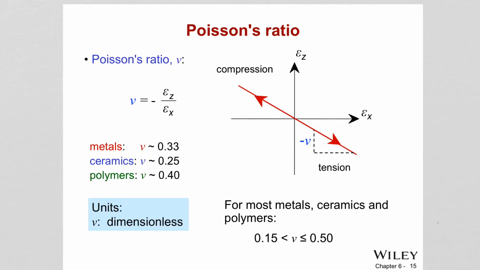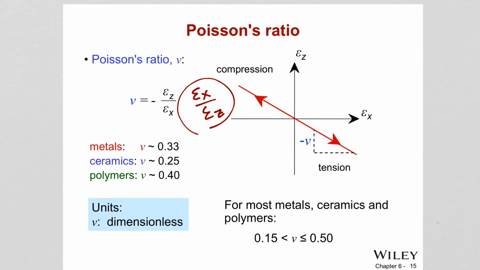This is, as I explained, the Poisson's ratio, and it is again dimensionless. But here I think they made a mistake, although it also depends on how you define the axes.